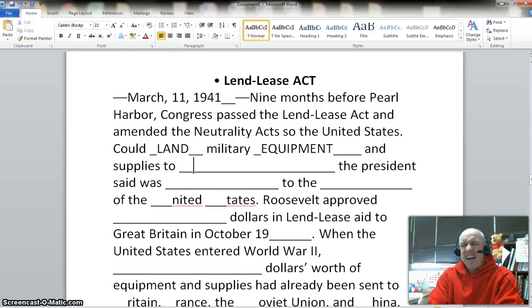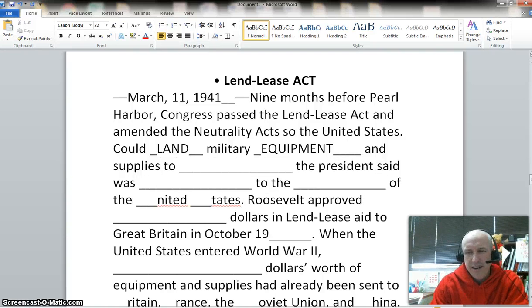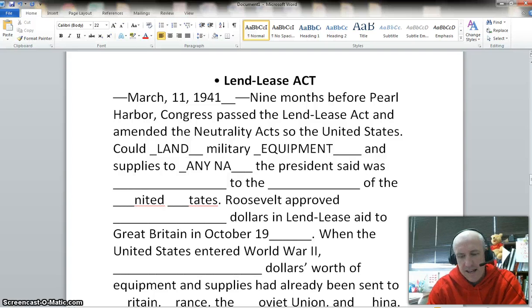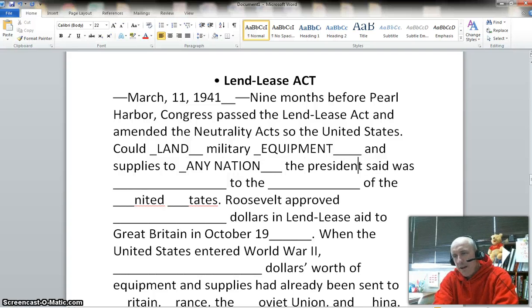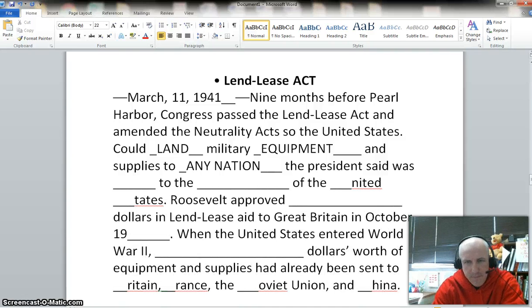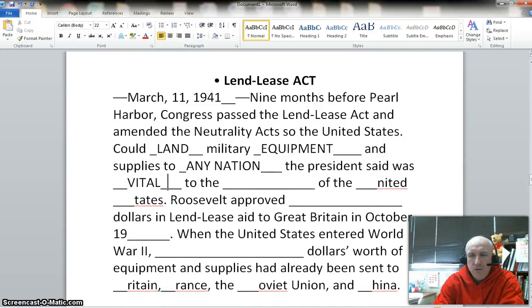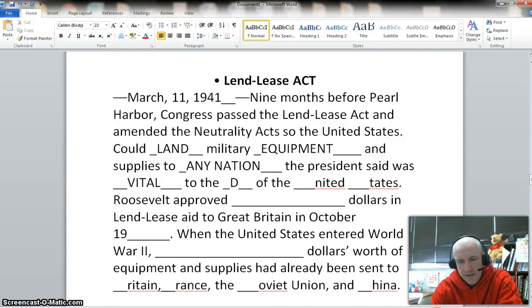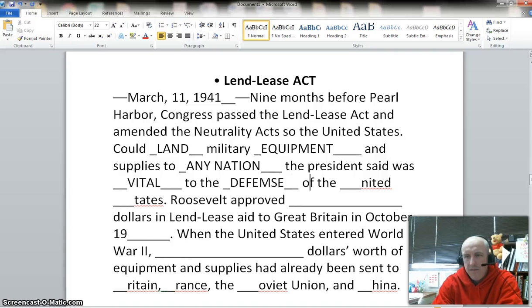Military equipment and supplies to any nation. The president said it was, what did we say? Vital to the defense of the United States, to keep us out of the war.